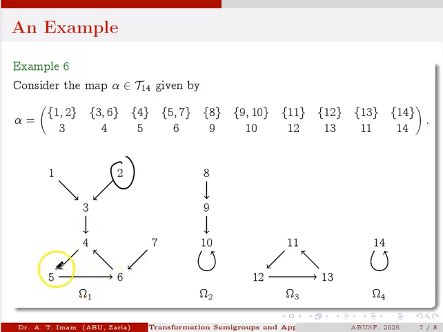And likewise, if you take any member of the kernel, because this is a kernel of size 3, if you take 5 over here and apply alpha 3 times, you come back to 5, and this is what we say. So for example here, you can see that this is already a kernel of length 1. So if you take 10 and apply alpha, you still come back to 10 because this is a fixed point.